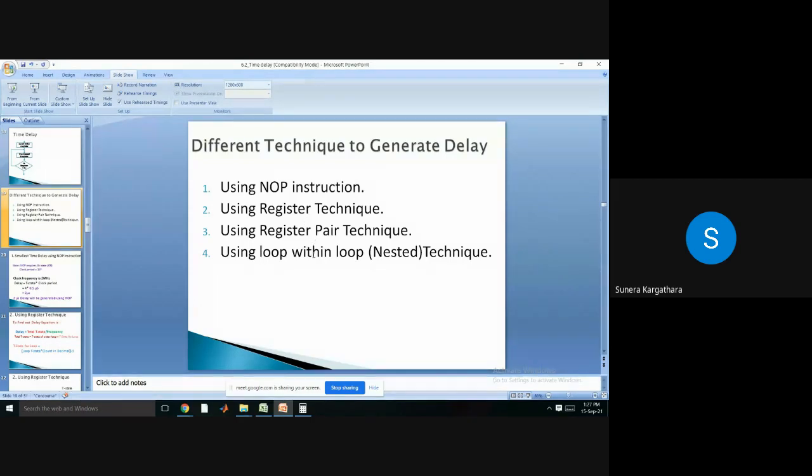The remaining two techniques we want to discuss in our theory session, because our delay generation in lab was in terms of microseconds and milliseconds, right? So that purpose can be solved with the first two techniques. Now we want to focus on two more techniques. Generally you require your delay in terms of seconds, right? So at that time always you need to go, just a minute, students.